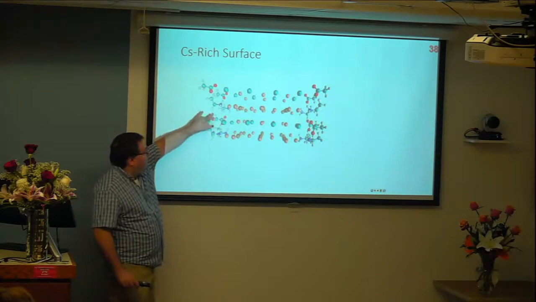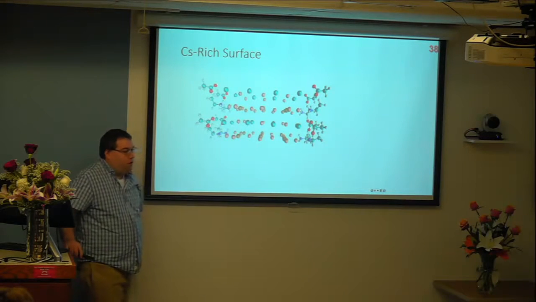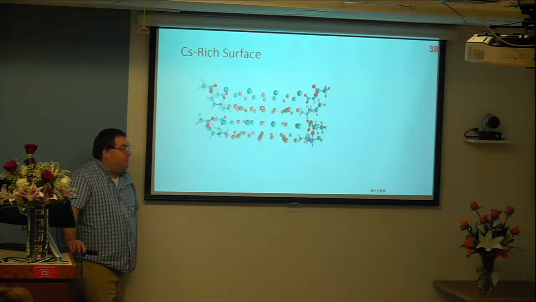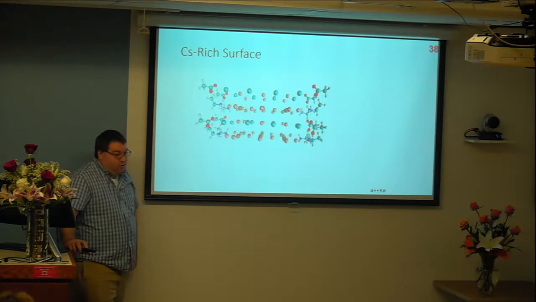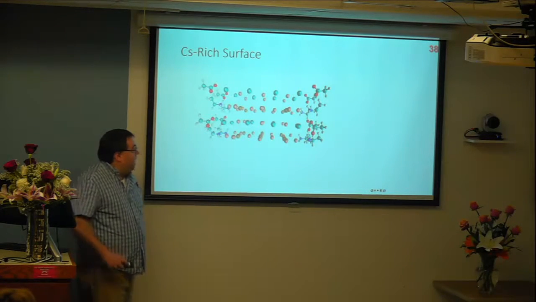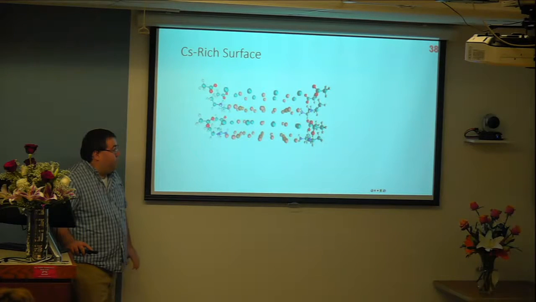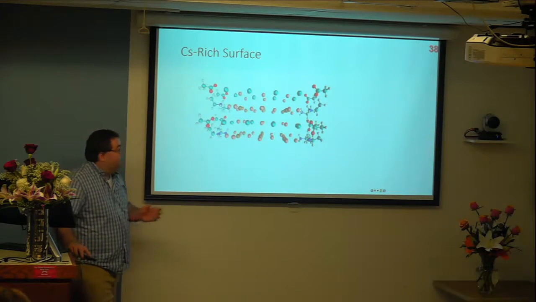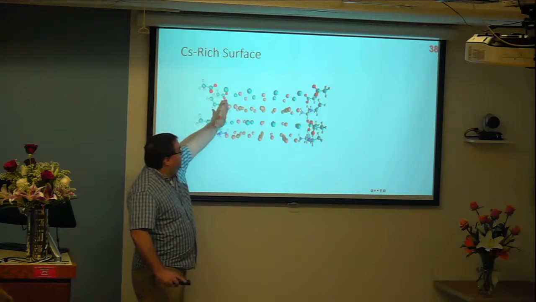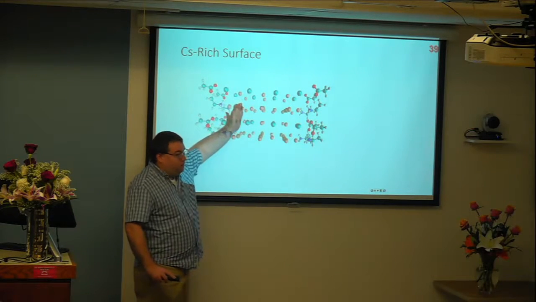And then we have ligands attached: ethyl ammonium and acetate ligands. We have two different perovskites that we're looking at, and they vary in their layer setup. So they have layers of cesium and bromine and lead and bromine.